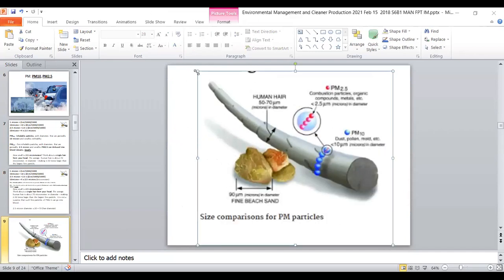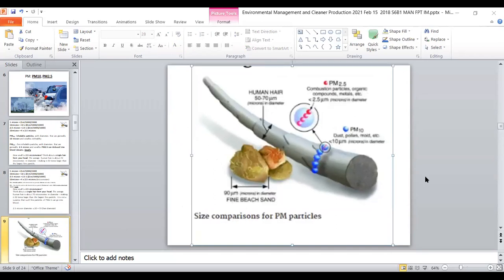The same thing. Here I'm circling: this is PM10, equivalent to 4 of PM2.5, because 2.5 times 4 is 10.